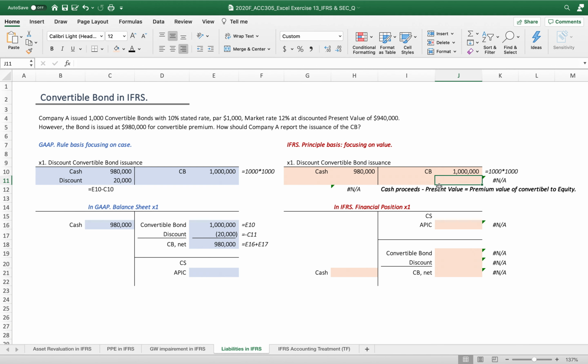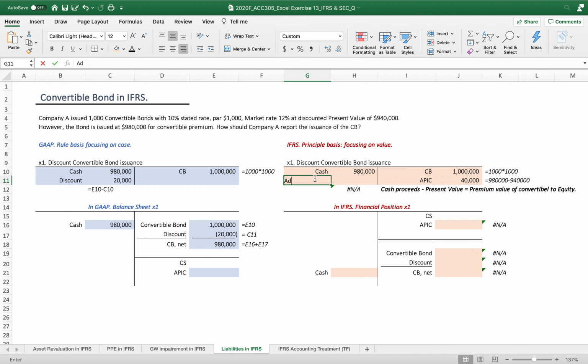And then now we have to put additional paid in capital because of the equity value, the convertible option. The present value and the issuance price are different. So 980,000 minus 940,000, that is the additional paid in capital.